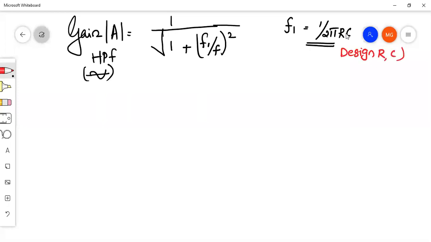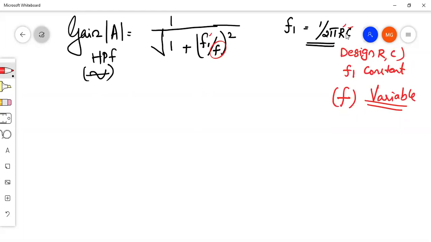So I can state that f1 is constant. So the only variable part is f. f is the variable part. Once the design is done and we have the values of R and C, f1 is a constant. So the only variable part is f.